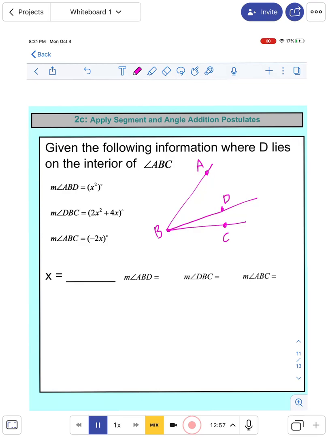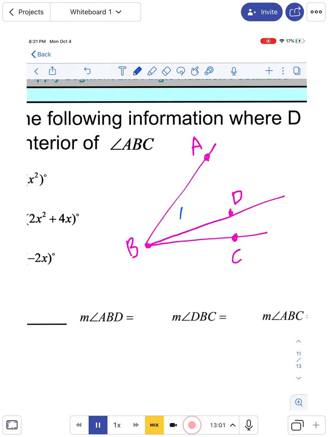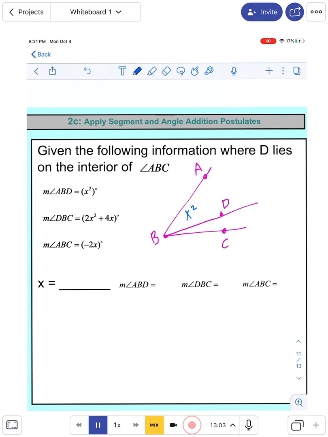So angle ABD is x squared. DBC is 2x squared plus 4x. And then measure angle ABC is negative 2x.